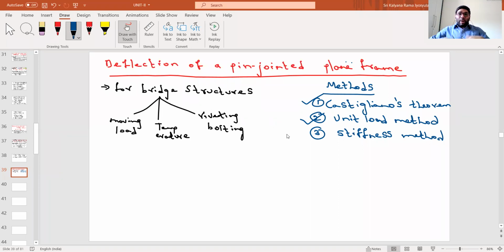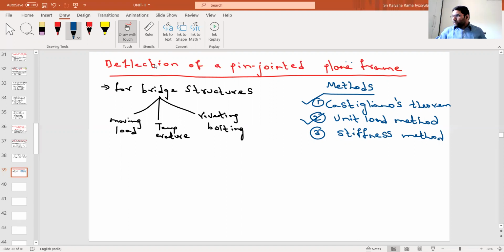But the stiffness method is one of the popular methods in the current context of the 21st century, giving a lot of ease in calculating the deflections of a pin jointed plane frame. That topic we'll be studying in the advanced courses. Here we will see how to use the unit load method to calculate the deflection at any given point, and how a truss can deflect either horizontally or vertically.